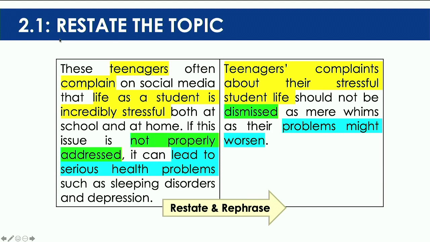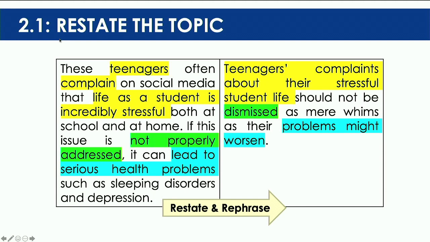What we have here is taken from your context. These teenagers often complain on social media that life as a student is incredibly stressful, both at school and at home. If this issue is not properly addressed, it can lead to serious health problems such as sleeping disorders and depression. Remember, this is your context.